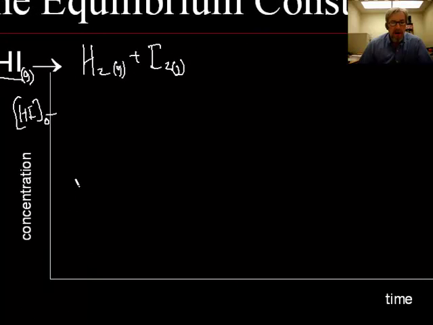We're plotting here on this graph concentration versus time, and as we saw in the kinetics videos, at first we're going to see a rapid loss of HI. The initial concentration of HI will decrease pretty quickly at first, but as concentration drops, the rate also slows down, and so the slope of this curve gradually begins to change.